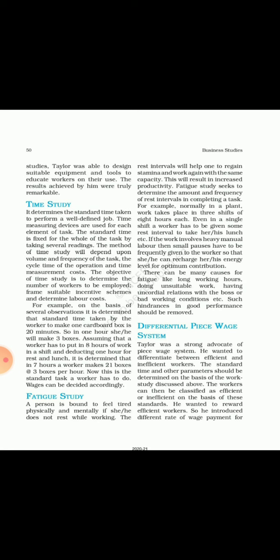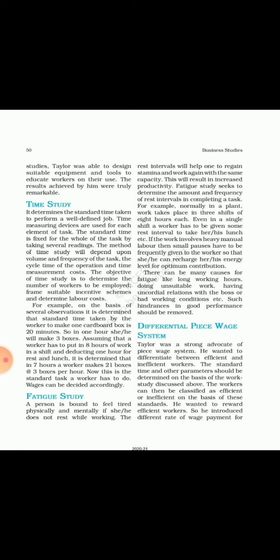Taylor suggests that the time required to perform the job should not be decided by the manager, but a time study must be conducted to determine the standard time scientifically.